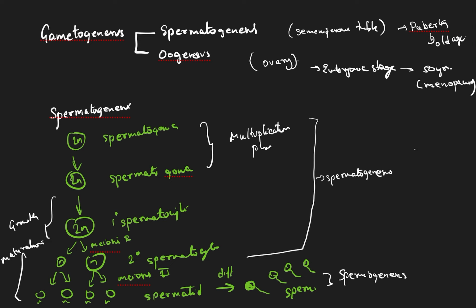If you see the structure of the sperm, basically the structure of the sperm contains a head, then a body, then a tail. Okay, so the head contains plasma membrane, this is the plasma membrane.